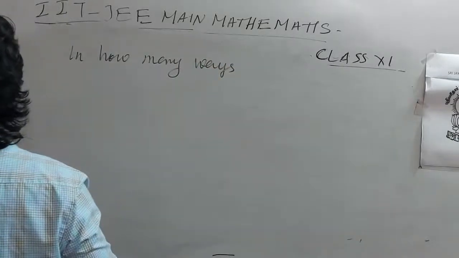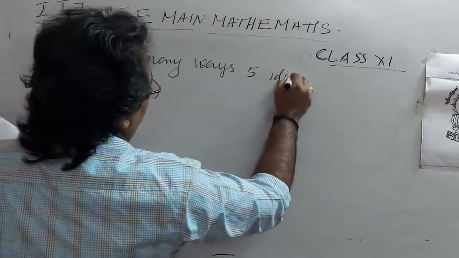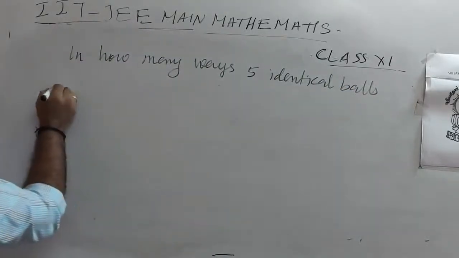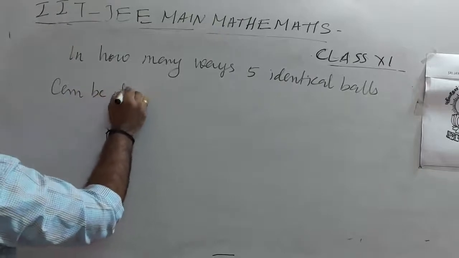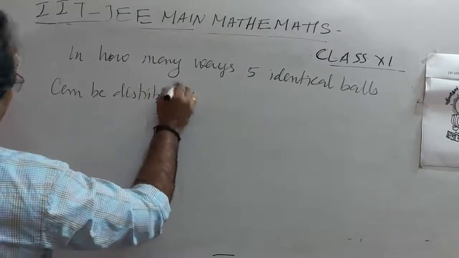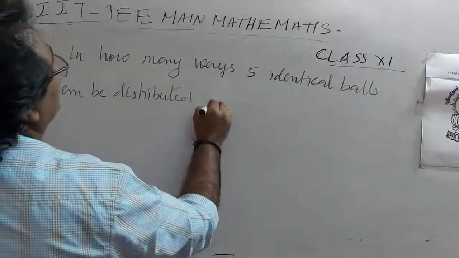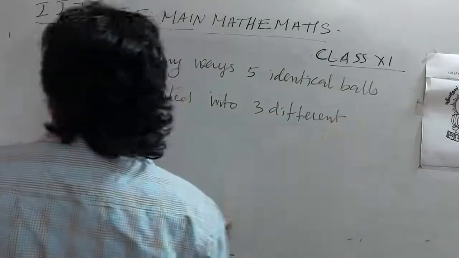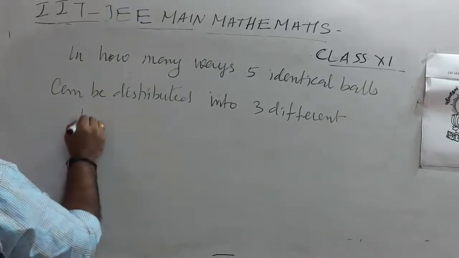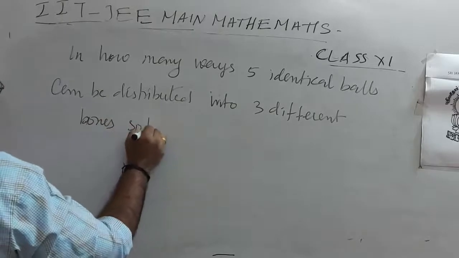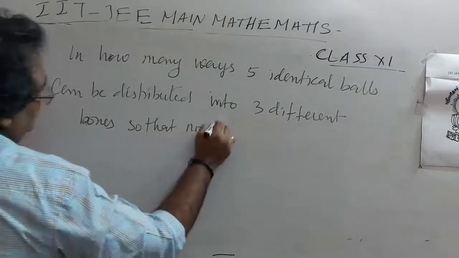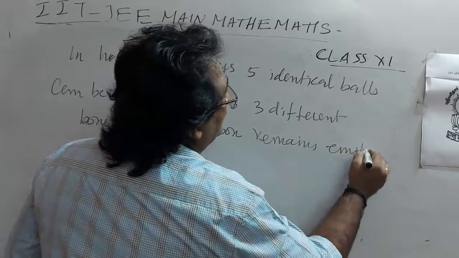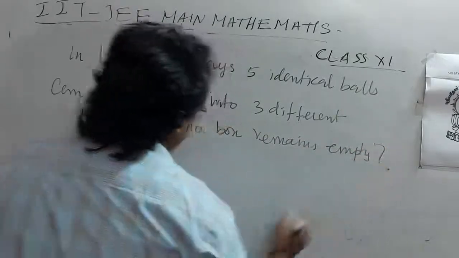In how many ways can five identical balls be distributed in three different boxes so that no box remains empty?